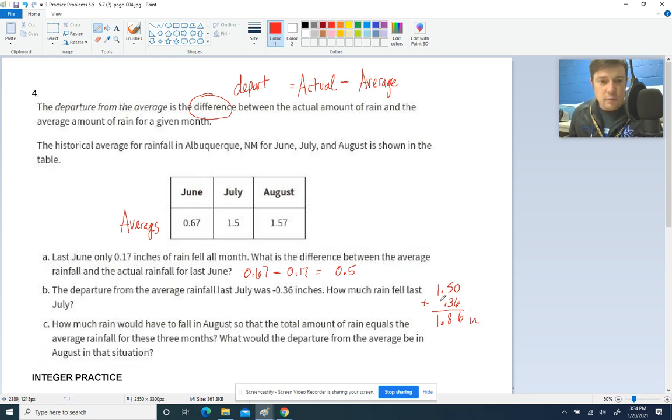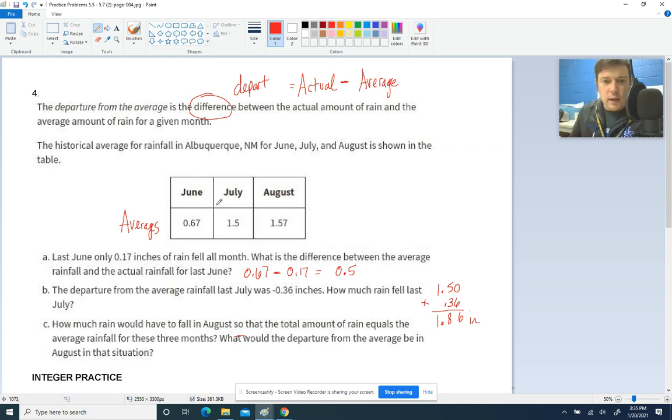How much rain would have to fall in August so that the total amount of rain equals the average rainfall for these 3 months? What would the departure from the average be in August in this situation? So how much rain would we have to have in August so that the total amount of rain equals the average rainfall for the 3 months?